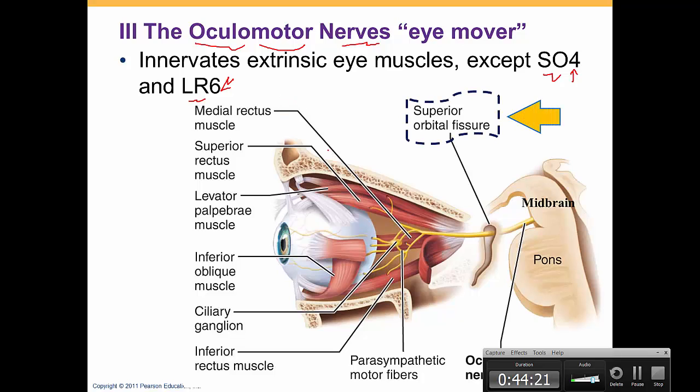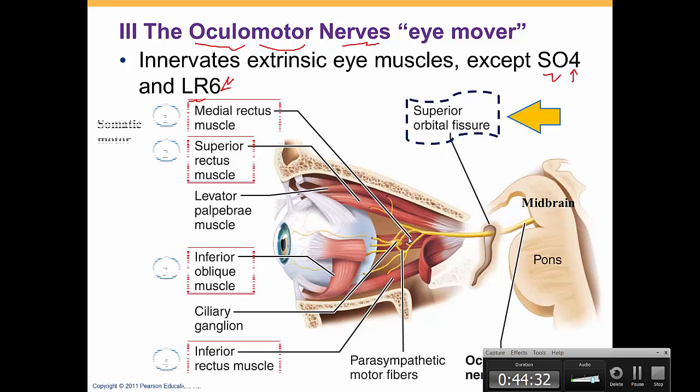So where do we find this? Well, that one comes from the midbrain and travels through the superior orbital fissure and supplies all these muscles. So what are these muscles? Well, we have the medial rectus muscle, superior rectus, inferior oblique, and inferior rectus muscle.